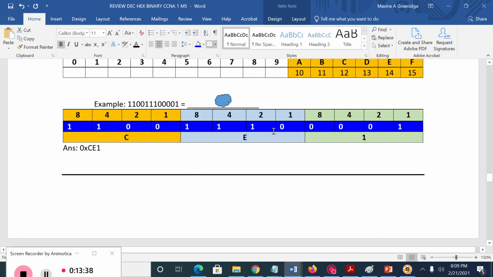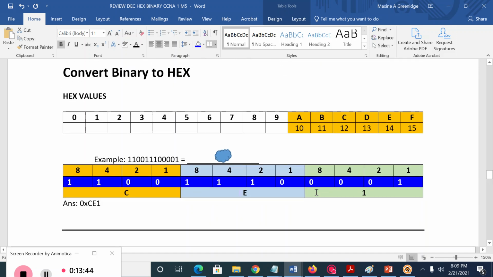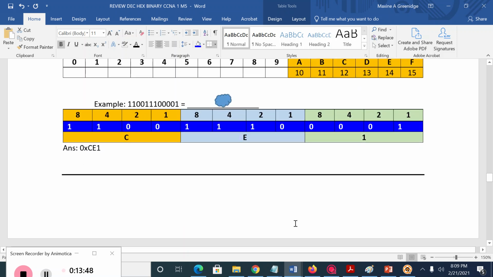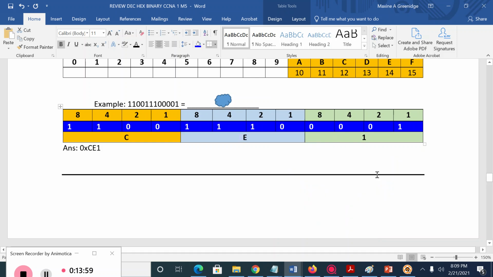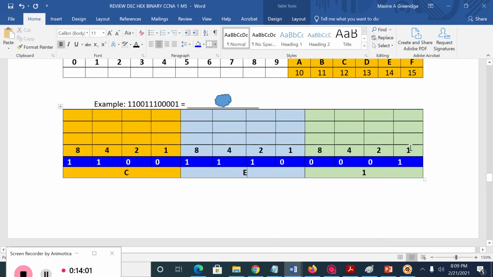And we see what it is written right here in binary. So if we wanted to figure out what this blue value in binary was, we would have to get the chart for binary. Let's just insert a row up above, and then we'll figure out what that chart is.